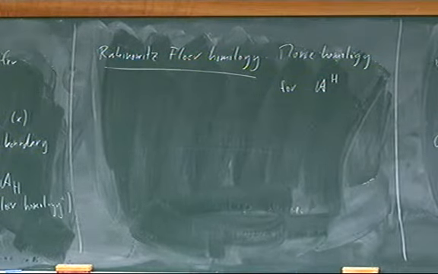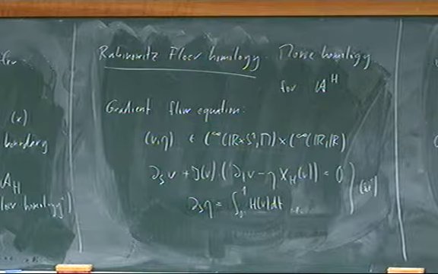And again, to get the well-defined Rabinowitz Floer homology, one needs compactness for this equation. And here we have similar problems as in the case before.